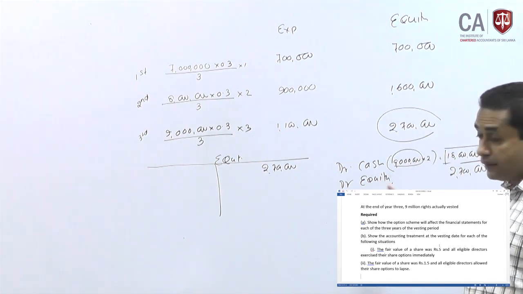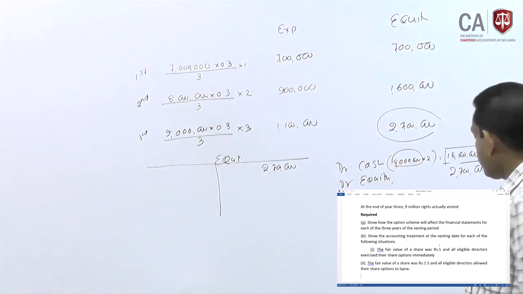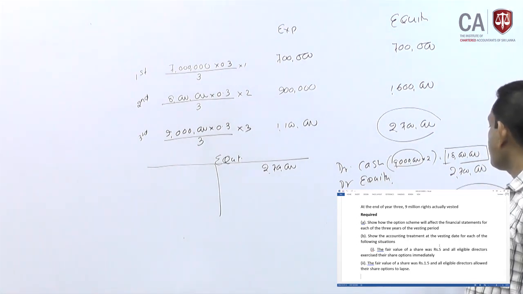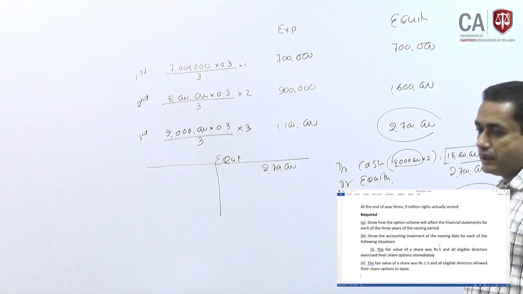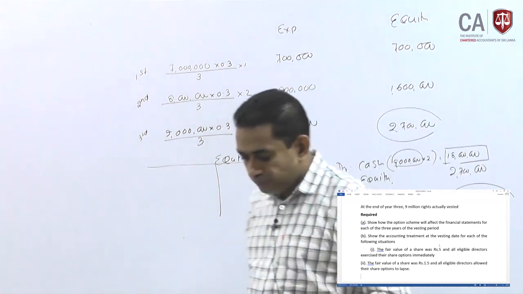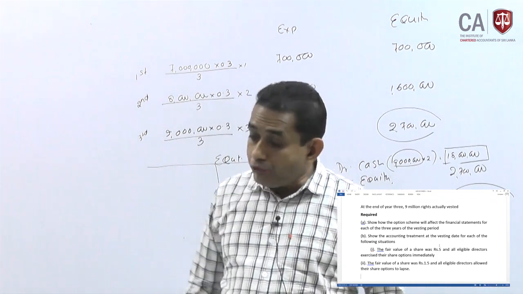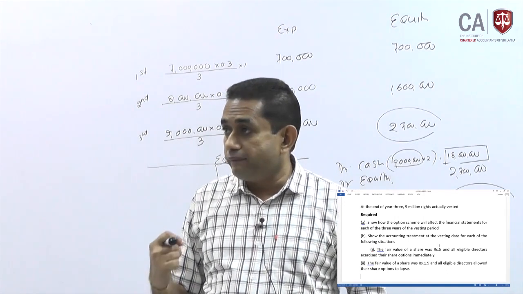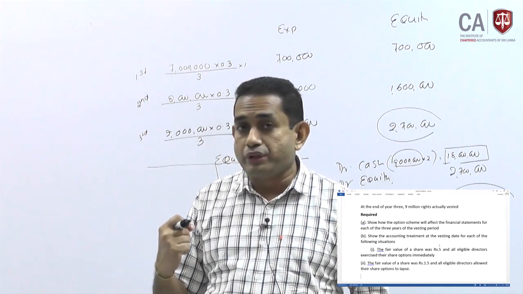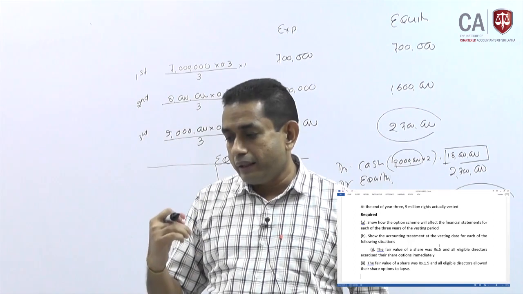That has to be the recognition should be transferred to share capital, and the total amount should be transferred to share capital account. So, that is how the accounting should be, if all the directors have exercised their rights to buy shares as agreed at 2 rupee.